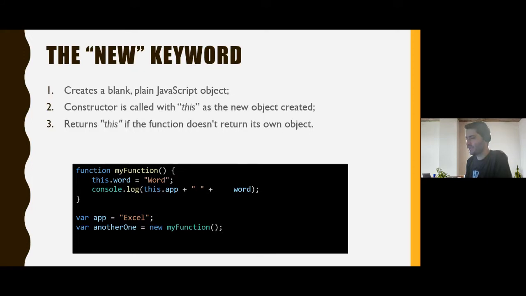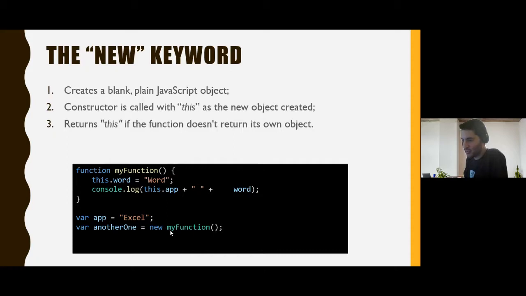Okay, so I can see a few answers here. What's going to be printed is, as we said before, this.app didn't change, it's still undefined. But when we have the new keyword and we are not using this, it's going to search in the global scope.